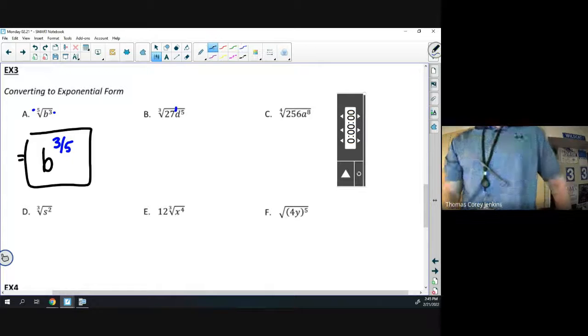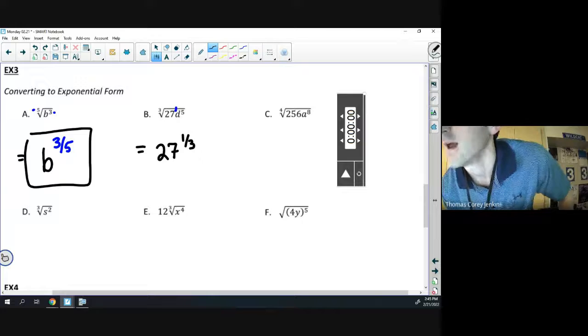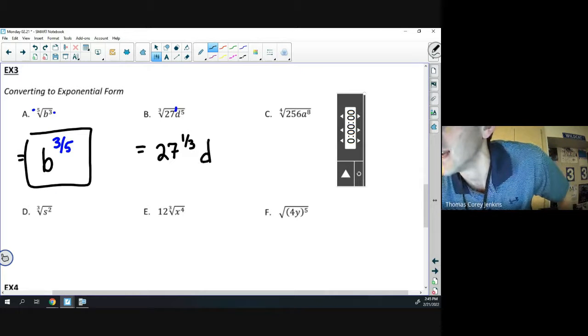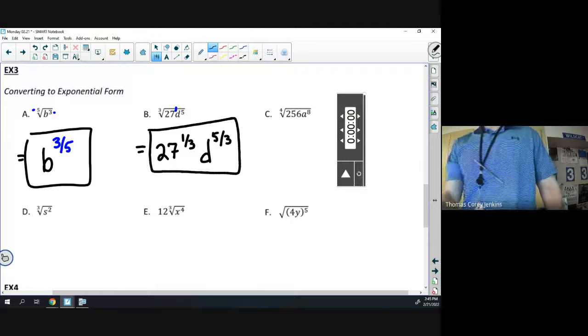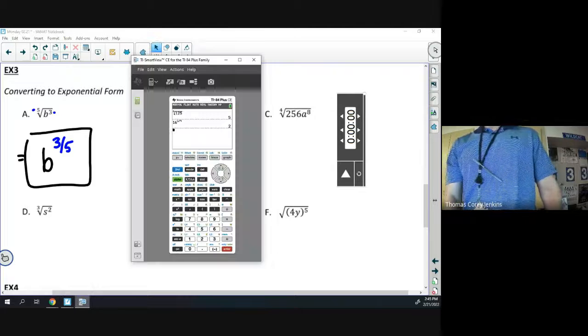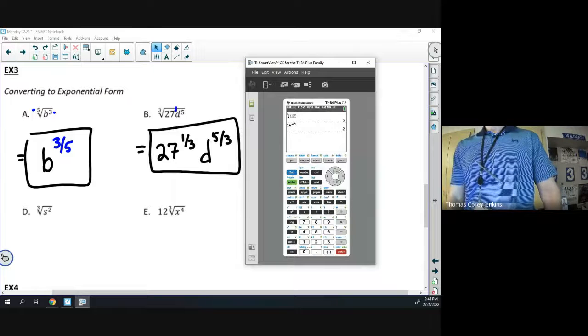So that will affect how everything looks. So my exponent for 27 is going to be 1 over 3. And my exponent for D is going to be 5 over 3. Okay, so all we're doing here is writing in exponent form, so we'd be done there. If our directions were to simplify, then we would want to know, what is 27 to the 1/3 power or the cube root of 27.